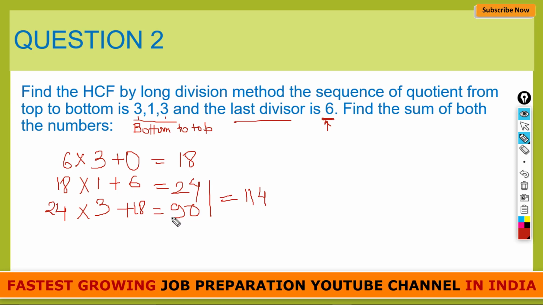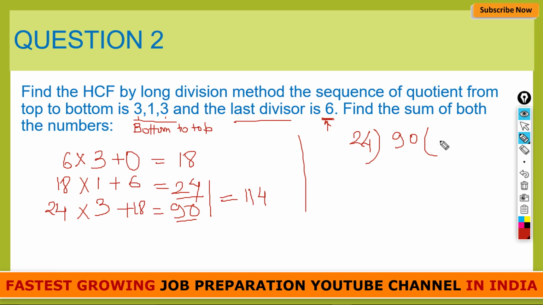So let's check. The starting two numbers were 90 and 24. To check this, we see whether the last divisor 6 is coming or not. 24 will be the divisor and 90 will be the dividend. So it goes 3 times and gives us 72. We subtract it and get 18.